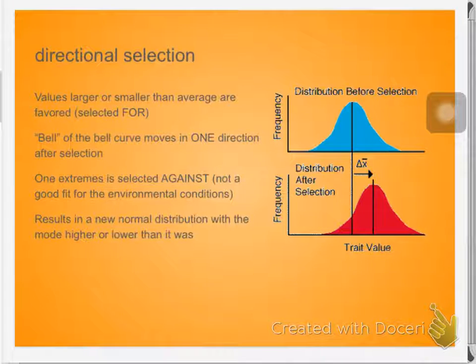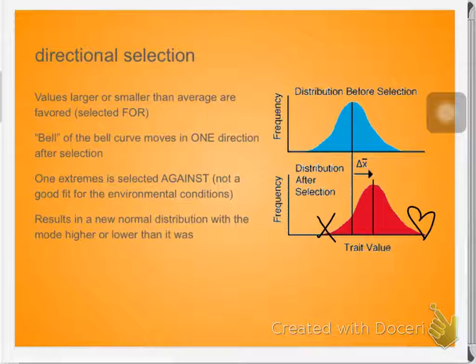So in directional selection, one extreme is favored. Having one extreme version of a trait is a good thing. Having the other tends to get you killed. So, yay for having the biggest head circumference, but maybe having the smallest head circumference gets you killed.